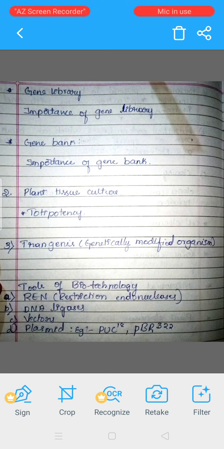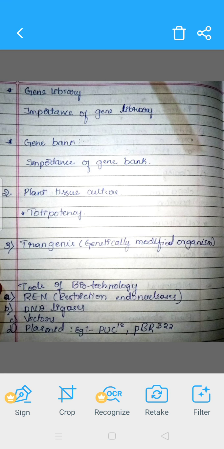And the third one is transgenics or genetically modified organism. Genetically engineered organisms are referred to as transgenics or genetically modified organisms. A genotype developed by the process of genetic engineering is called transgenic.